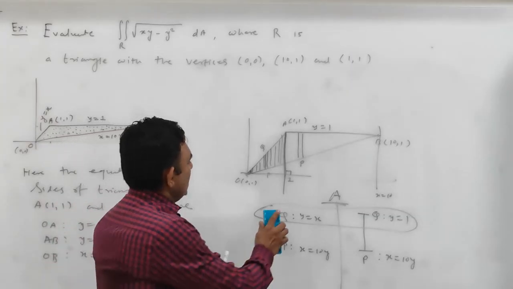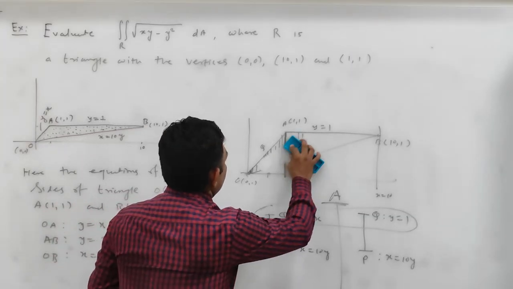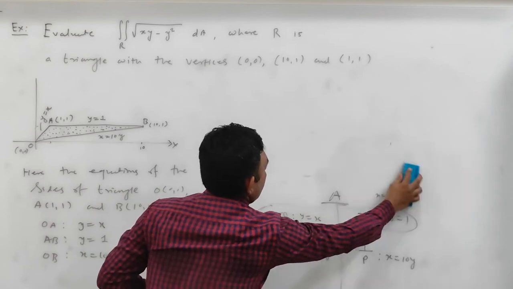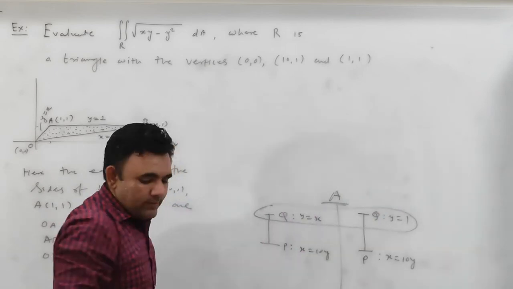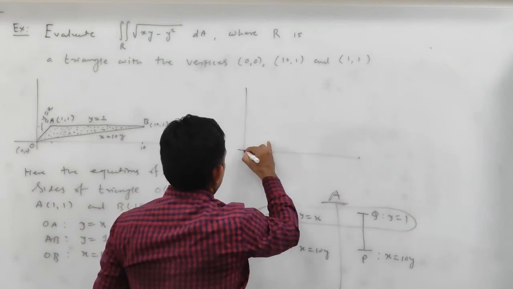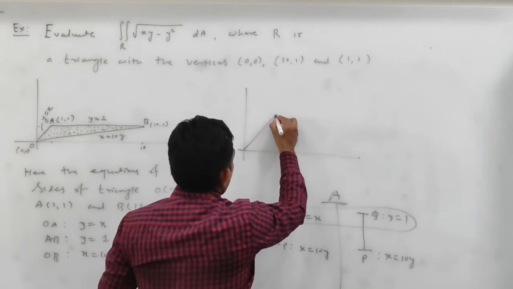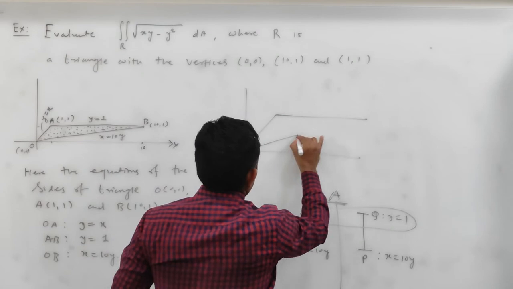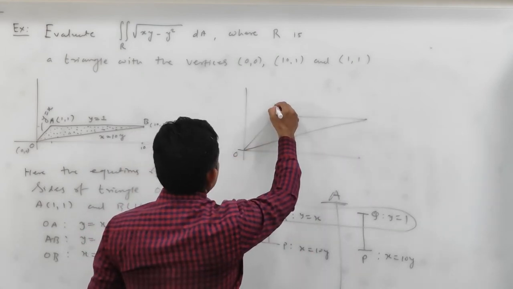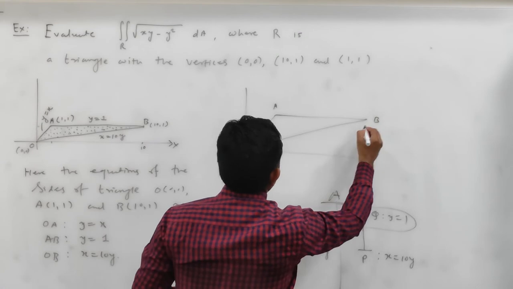Let me explain again by drawing a new figure. Yes, so this point is my O, this one is A, and this one is B.